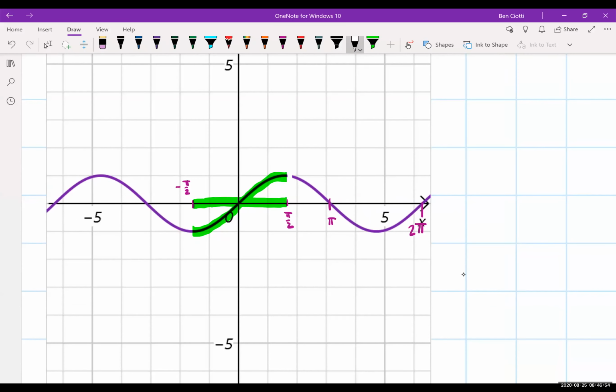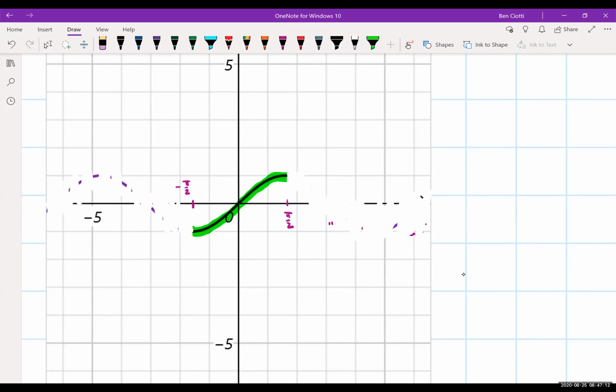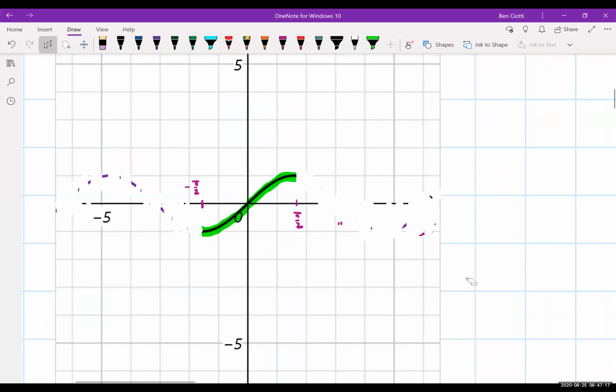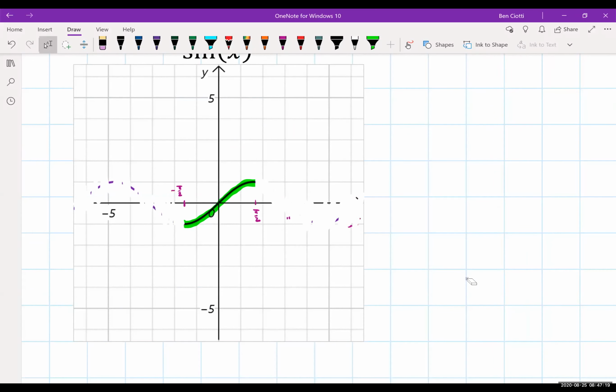So I can erase the rest of it. Okay, and now it's one-to-one, right? That little piece that you see remaining would pass the horizontal line test. So this is now one-to-one, and this is how we're going to define sine inverse.